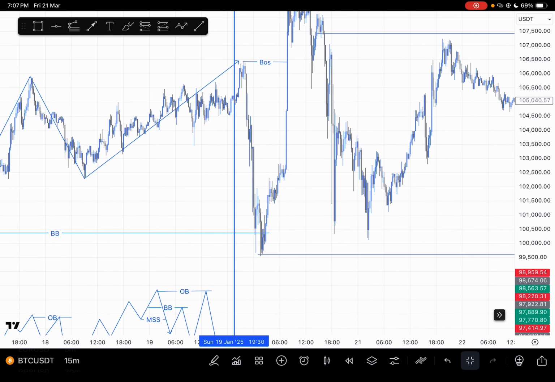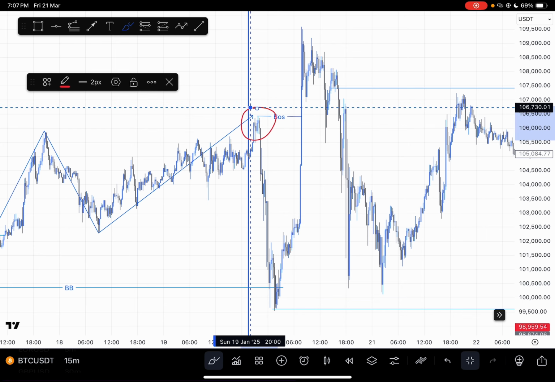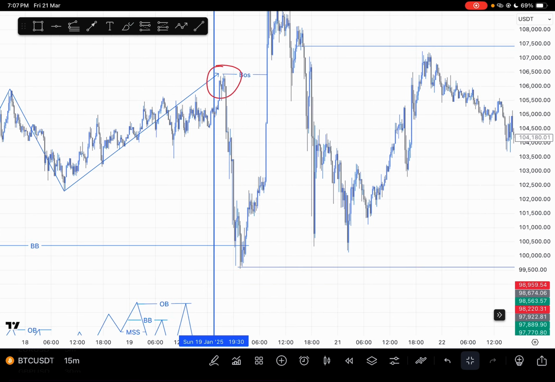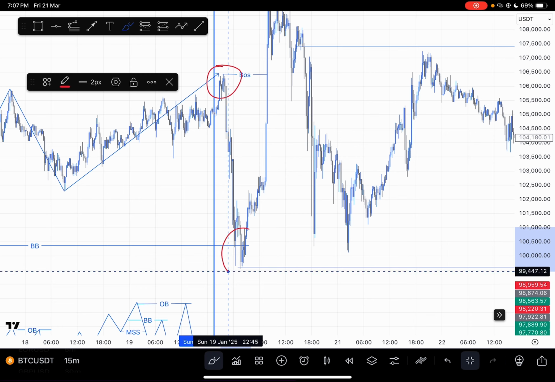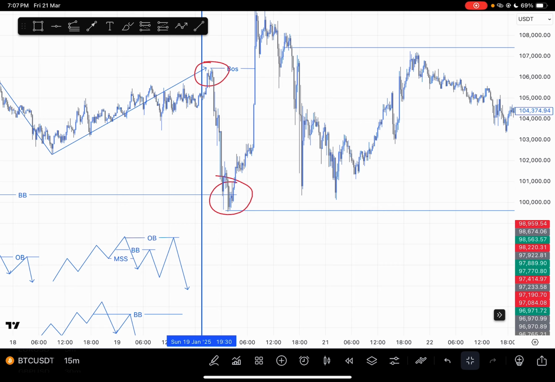So now, since this is the last break of structure, and this was the previous low, if price broke below the previous low, that has automatically turned into a market structure shift, and it will automatically tell you this uptrend is not valid anymore.